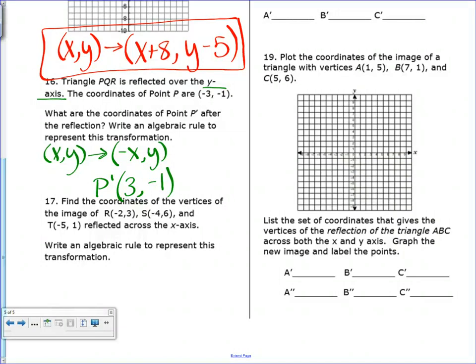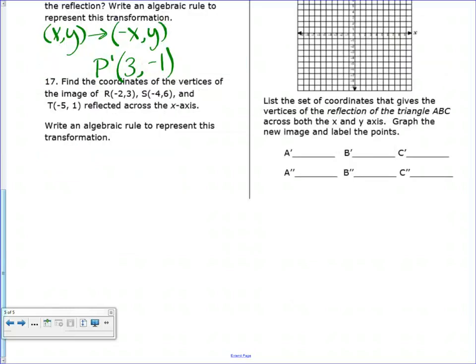Number 17. Find the coordinates of the vertices of the image of R (-2, 3), S (-4, 6), and T (-5, 1), reflected across the x-axis. Write an algebraic rule to represent this transformation. So now we're going across the x-axis. It's the opposite of going across the y-axis. When we reflect across the x, my y's are the coordinates that become opposite.